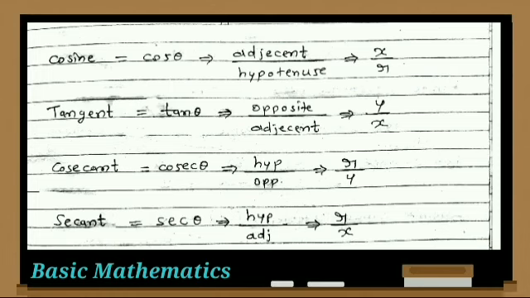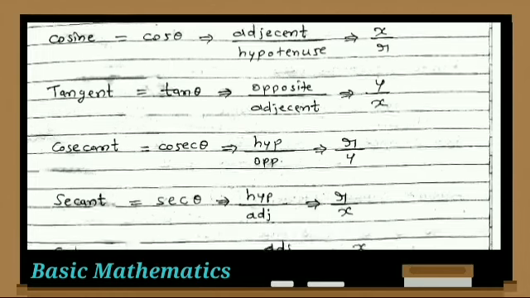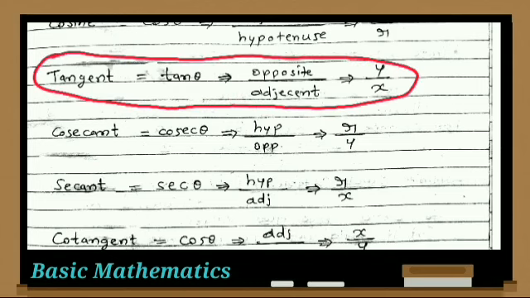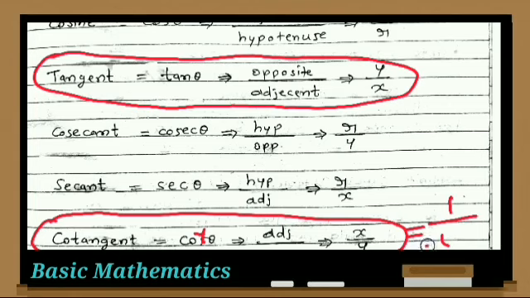Now we can take another function, tangent, represented by tan theta. It is the reciprocal of cotangent or cot theta. We can see here that tan theta equals y upon x and cot theta equals x upon y. So we can write here cot theta equals 1 upon tan theta.